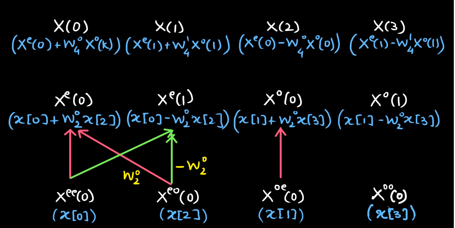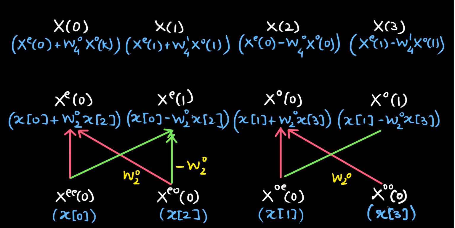This x of 1 is as it is, and then we have this x of 3, but again we are having a scaling factor of w2 to the power 0. Similarly, this x odd of 1 is constructed using this x of 1 and x of 3, but with a scaling factor of minus w2 to the power 0. So we have it something like this.